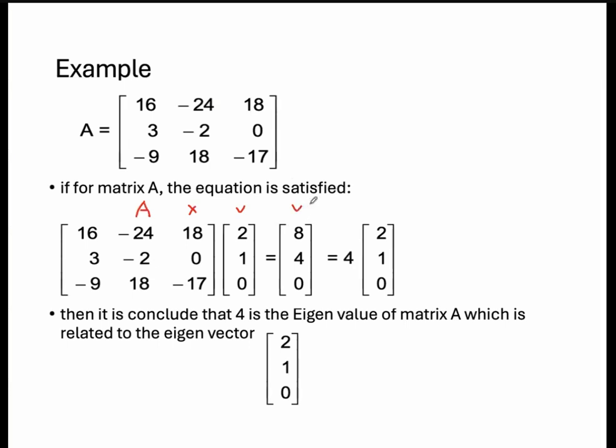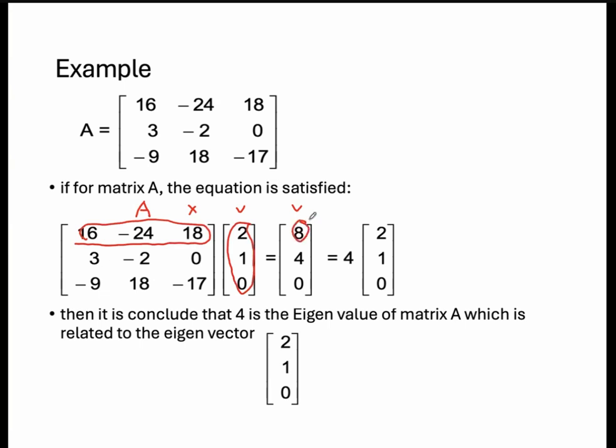If we multiply two matrices, the rule is row multiplied with column.